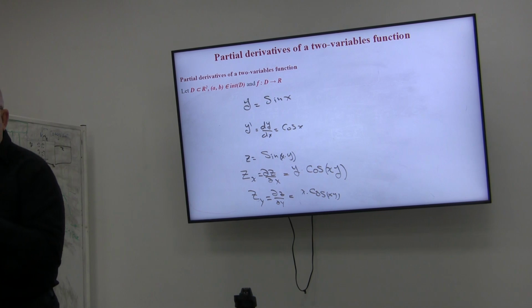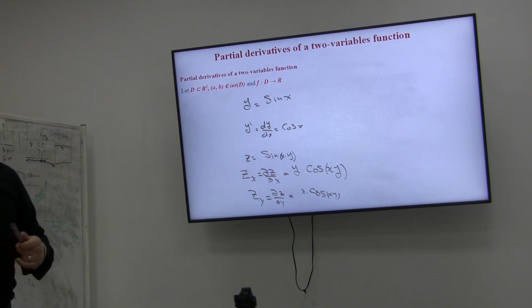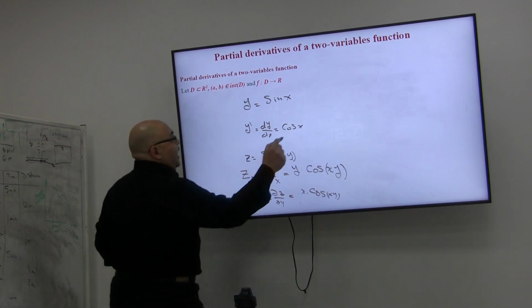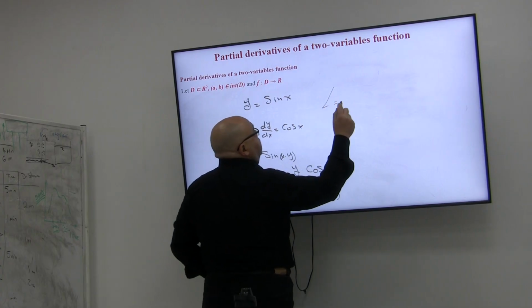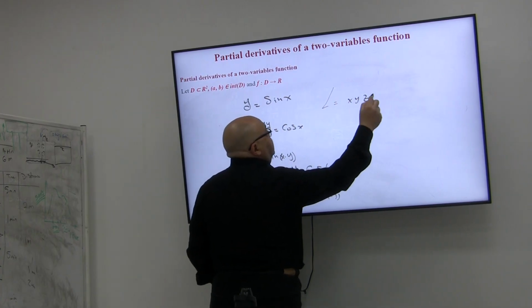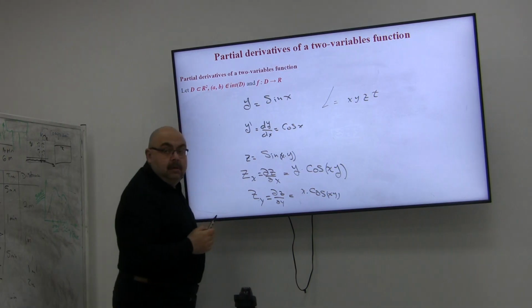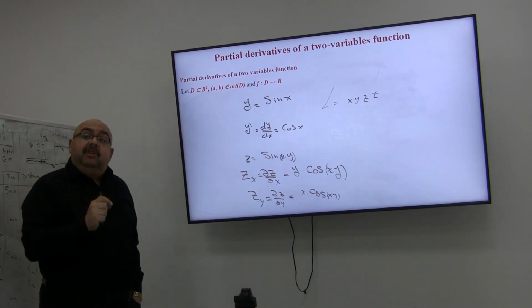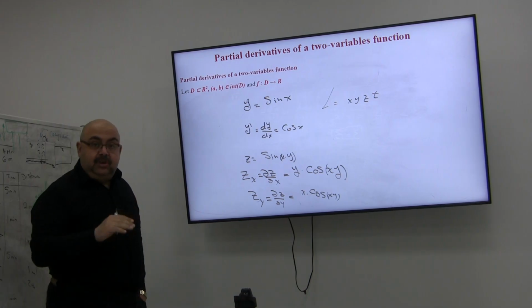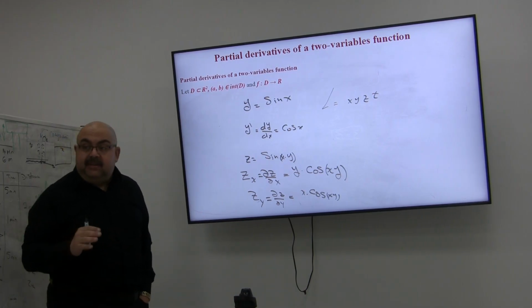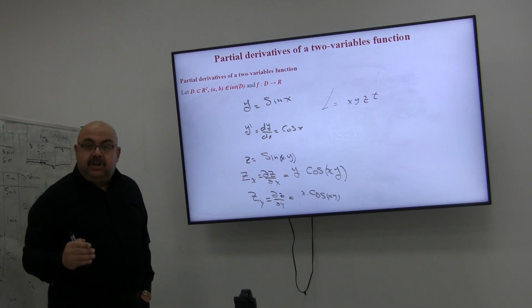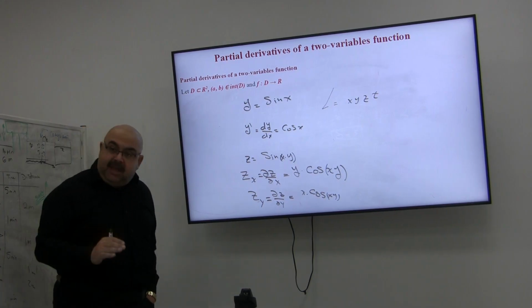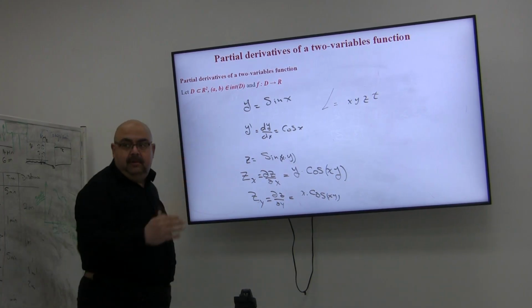What if the function is in 4 variables? What if I'm dealing with L, which is x, y, z, and t? It's a function in how many variables? 4 variables. Now I can differentiate L with respect to x, or differentiate L with respect to y, or differentiate L with respect to z, or differentiate L with respect to t, and so on.